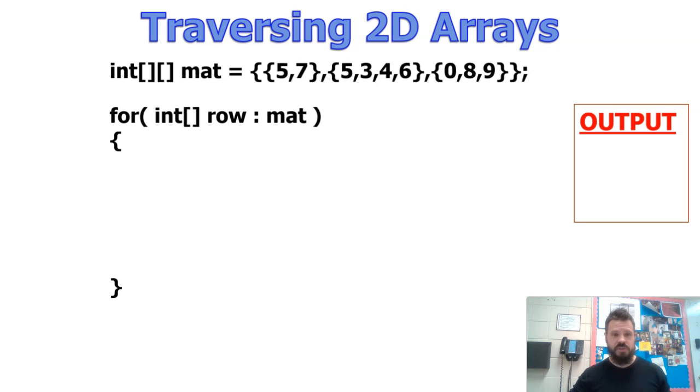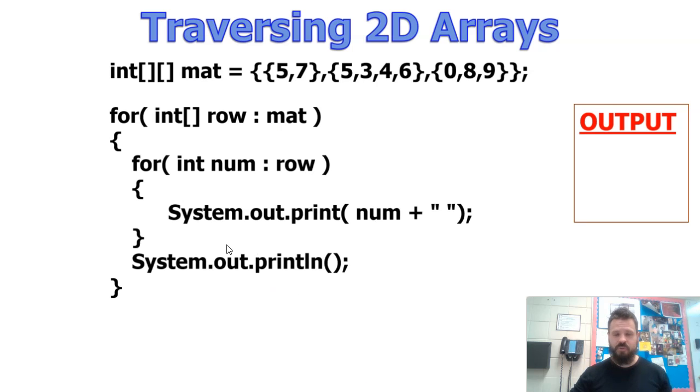So what I'll do is I'll say for each single-dimensional int array, we can call row in matrix. So running through each of those rows, and then for each of those rows, we'll go for each int, we'll just say num in that particular row, where row refers to this placeholder. Then we can just print off our num with a space.